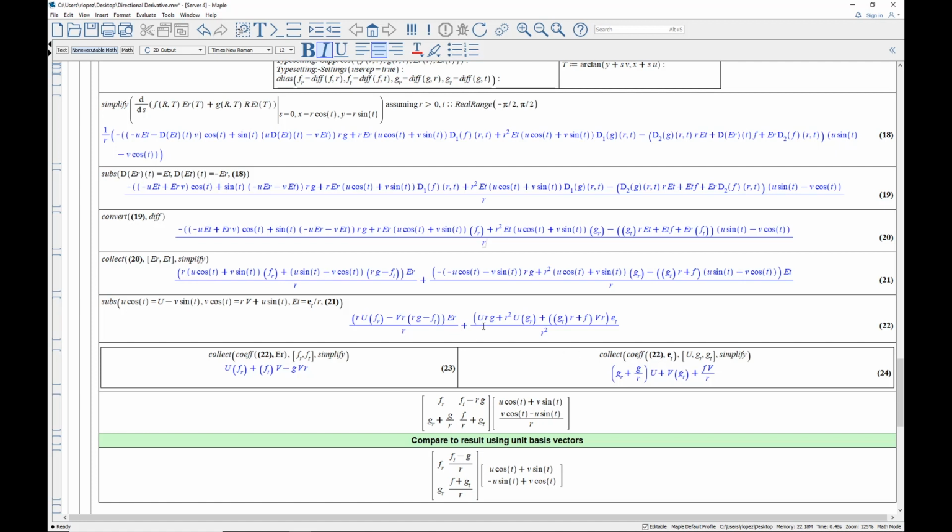You want a cancellation to take place here, right? R squared and an R. So U, this will be G over R, and this will be just dg dr, and here you get dg d theta, and then you get the cancellation of this R squared, because there's an R over here.